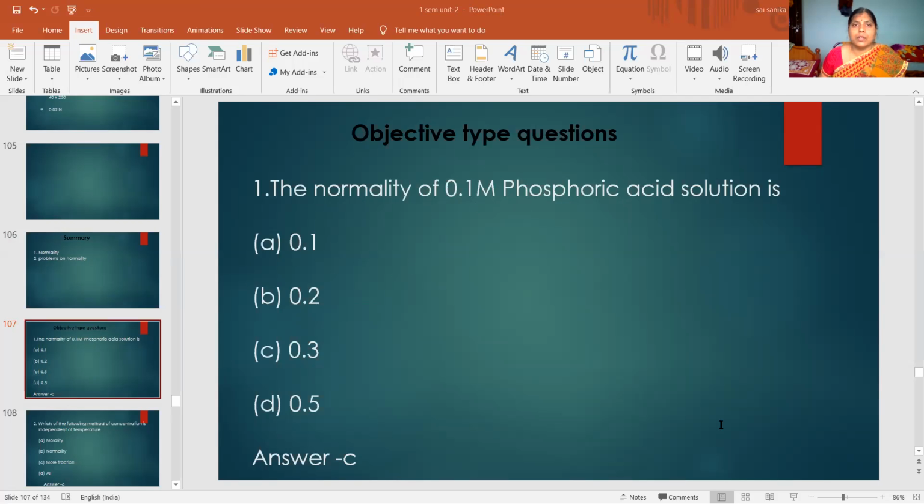So here molarity is 0.1 M. What is the molecule here? Phosphoric acid, that is H3PO4. So what is its basicity? Its basicity is 3.